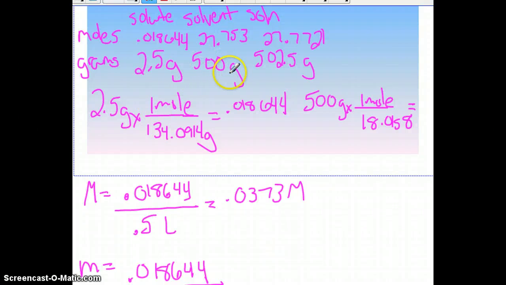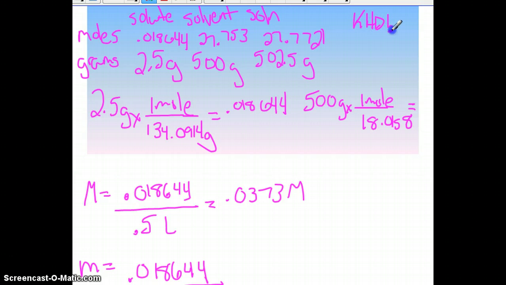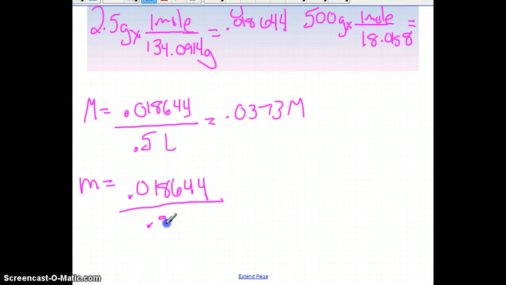We had 500 grams, and to get it back to kilograms, we move 3 places to the left, so that leaves us at 0.5 kilograms. So over 0.5 kg, we're going to get the same exact thing, 0.0373 molal.